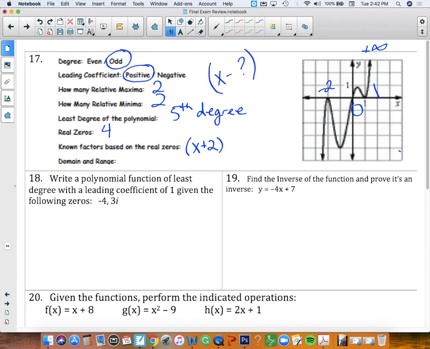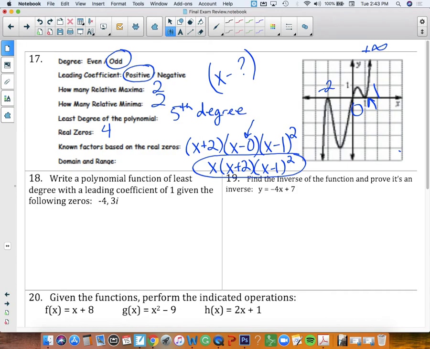So x plus 2. And then I have x minus 0, which I'll just write like that for now. And then the 1 here, so that's going to be x minus 1 squared because it's a double. And technically, we don't need to write the x minus 0, so it should actually look like this. And then that would be your polynomial after you multiply all that stuff out. Okay, but we wouldn't have that imaginary 0, which is okay.